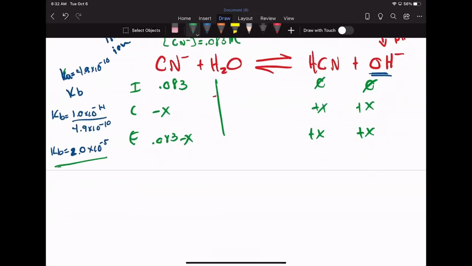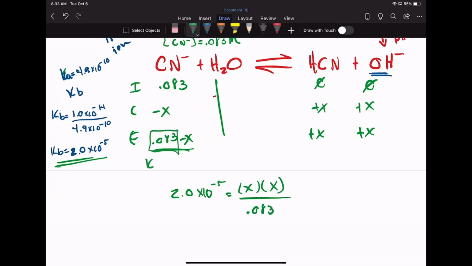If I look at the Kb value, can I make an assumption, yes or no? It's going to be really small, right? The Kb is a lot smaller than 1, which means that I really don't have to consider it for this reaction. So we can just say 2.0 times 10 to the minus 5 is equal to x times x over 0.083, because Kb is a lot less than 1.